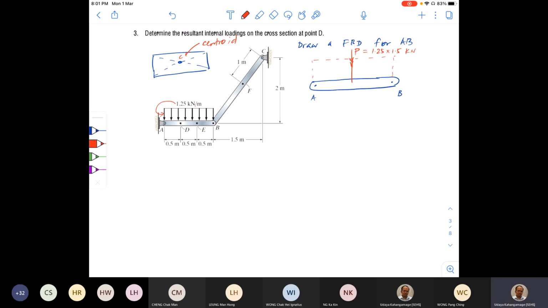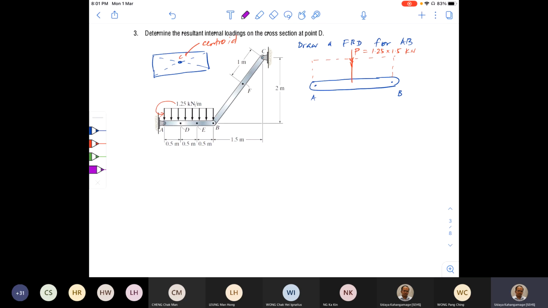Okay, so then you mark the reactive forces. At point A, there should be a reaction. At point B, there's a reaction. At point A, how do you mark your reaction force? From your previous knowledge, what kind of joint is it? It's a pin joint, right? It can rotate about a point. So at a pin joint, we don't know exactly which direction the force is. So then we mark X and Y components.